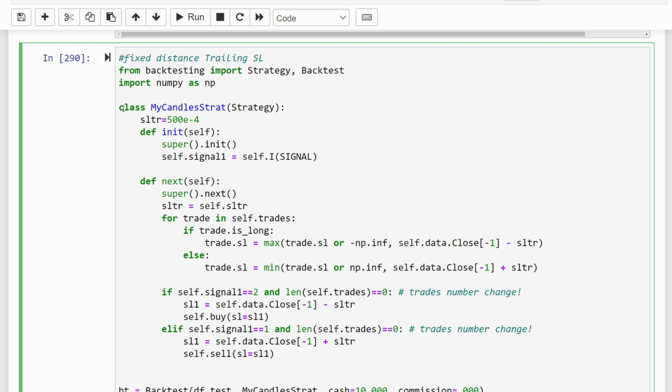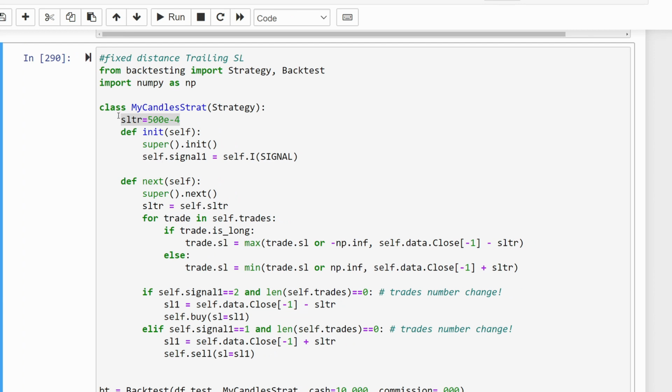And I'm going to define my class, which is called MyCandleStrategy. It inherits from the Strategy class. We are going to override two functions, the initialize function and the next function, as described by the backtesting package documentation.